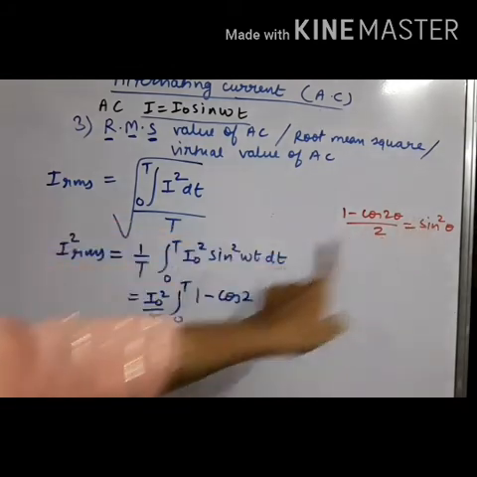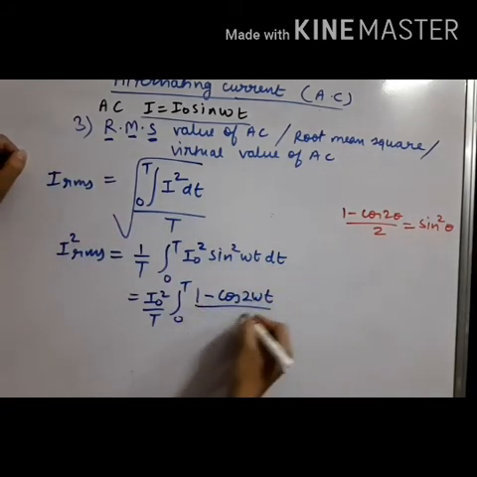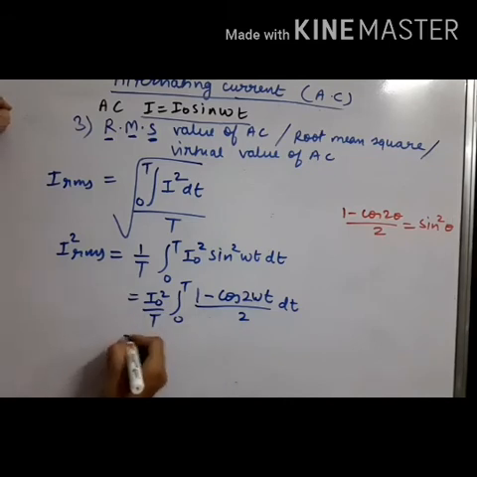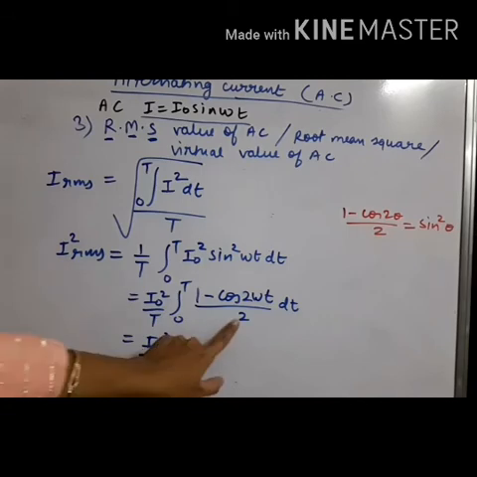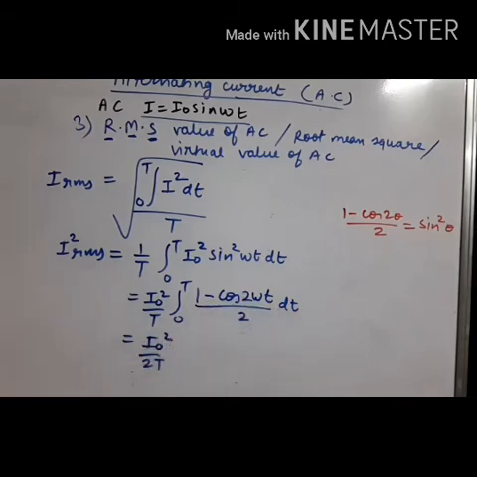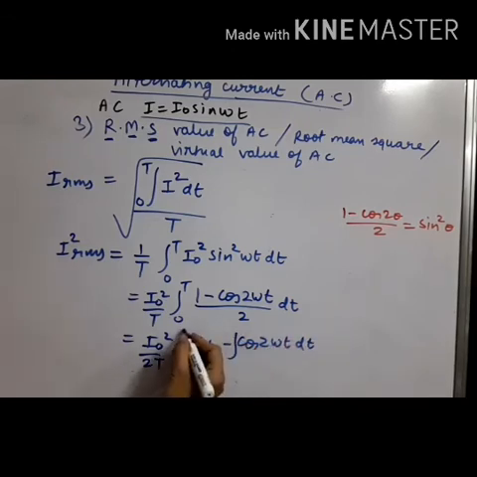Now what is theta for us? Just compare. Our theta is omega t. Upon 2 is also there in the formula, and integration dt we have to do. Now again this 2 is constant. Let us take it out. If this 2 is taken out, now there are two integrations, 1 dt and cos 2 omega t dt. Okay, these two integrations we have to solve now.